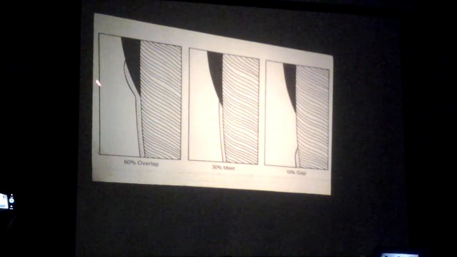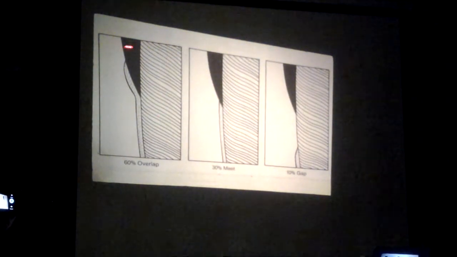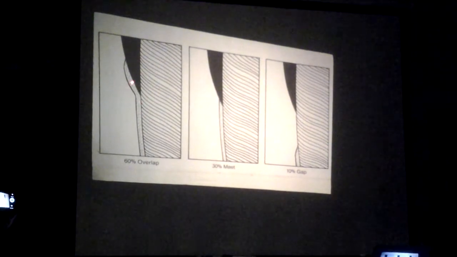And now we have the CEJ up at the cervix of the tooth, cementum coming up the root of the tooth, and at best is an overlap at the CEJ, the cementum-enamel junction. Now, there are a few possibilities. Most fortunately have an overlap, highly protective, at the cervix of the tooth, the neck.